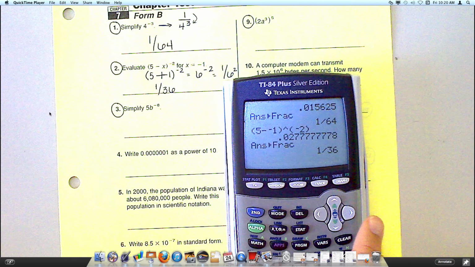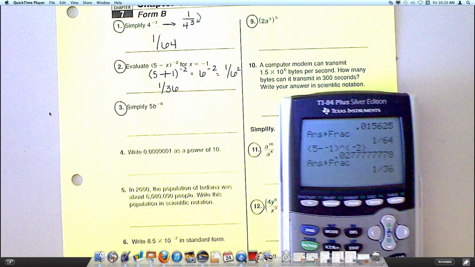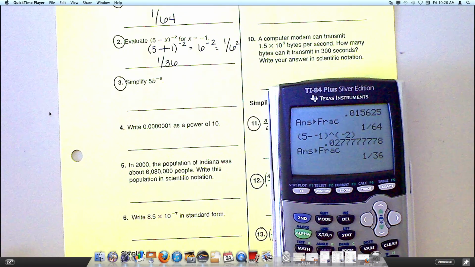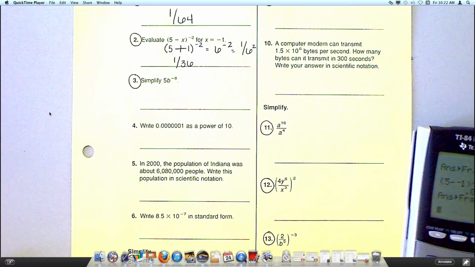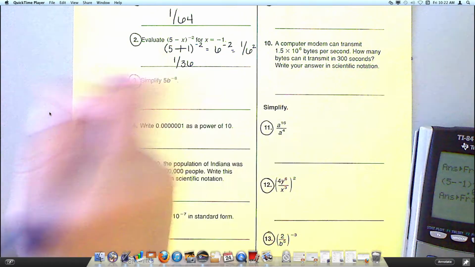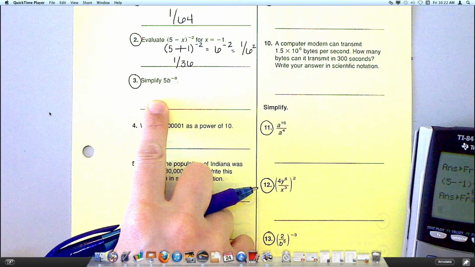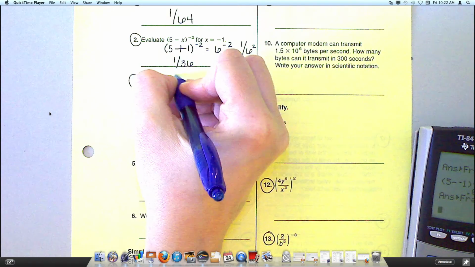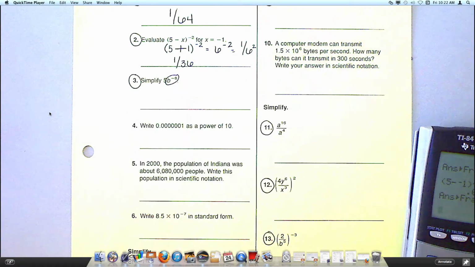Good there? Okay. Next one says 5b to the negative 8. Situations like this are tricky because this negative 8 is only attached to that b. So what did we say a negative exponent's going to do again? Make it a reciprocal.